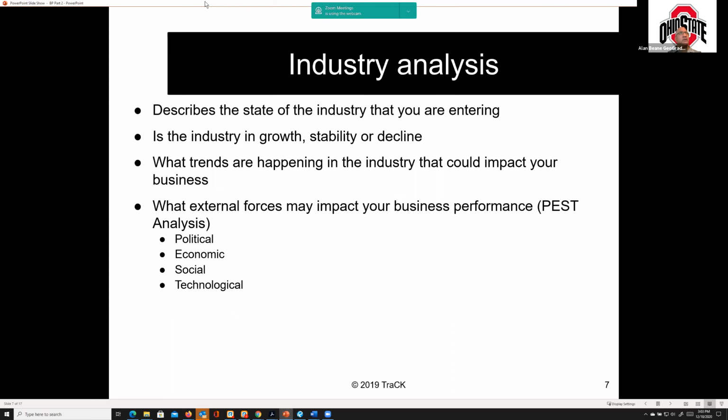So it'll answer the question, what external forces may impact your business's performance or ability to get business. And so PEST stands for political, economic, social, and technological external factors that you might want to consider and try to plan around, or assess the risk prior to getting further down the line.